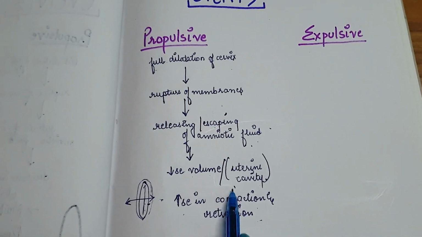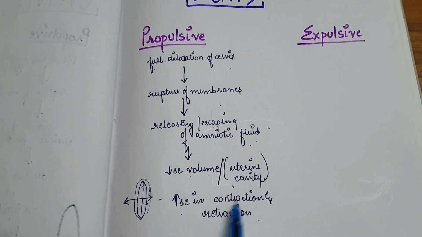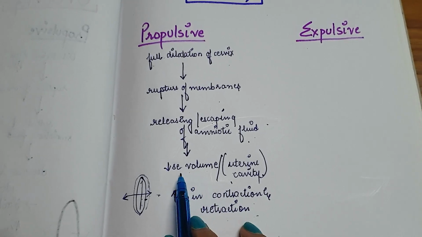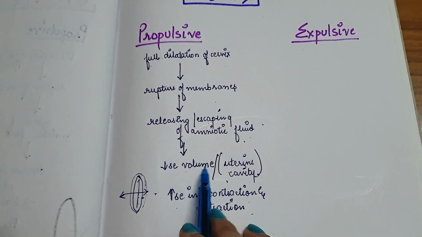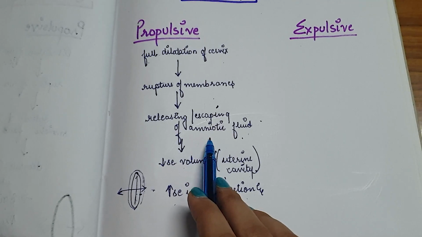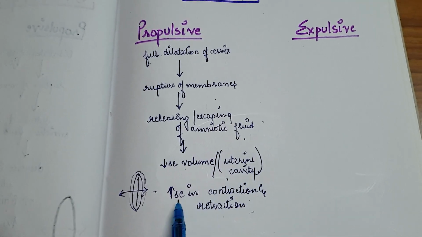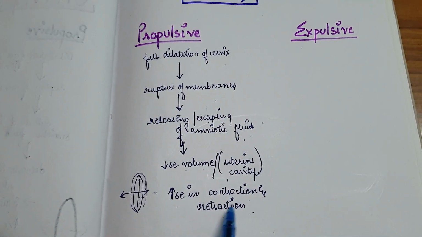and simultaneously there is an increase in contraction and retraction. When the volume is decreased due to the release of amniotic fluid, side by side there is an increase in contraction and retraction.